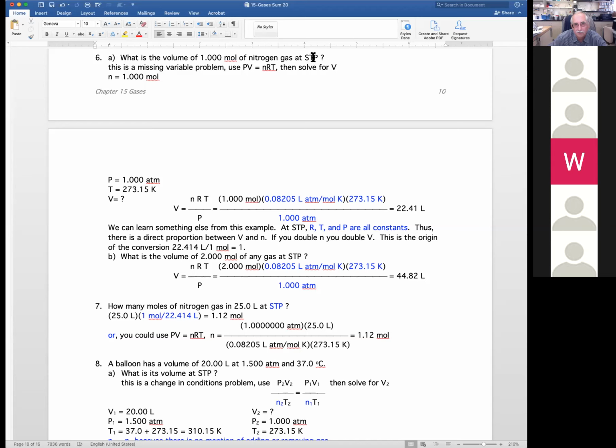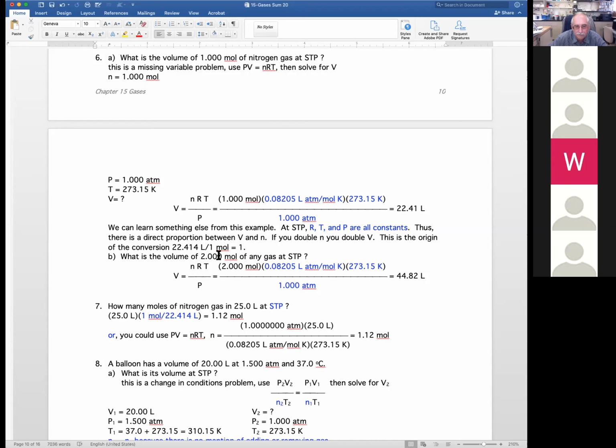Standard temperature is 0 degrees Celsius and 1 atmosphere pressure. So all I'm doing is putting in those values, and what do I get? 22.4 liters. 1 mole at STP is giving me 22.4 liters.